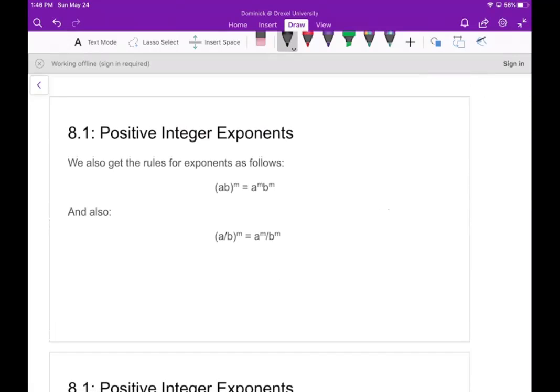Okay, now we can show that if we take a product of two numbers and raise it to a power, then we can essentially almost distribute that m exponent to both a and b, right? And the reason why is it looks like this. ab to the m is just ab times ab times ab, where you have m of these things.